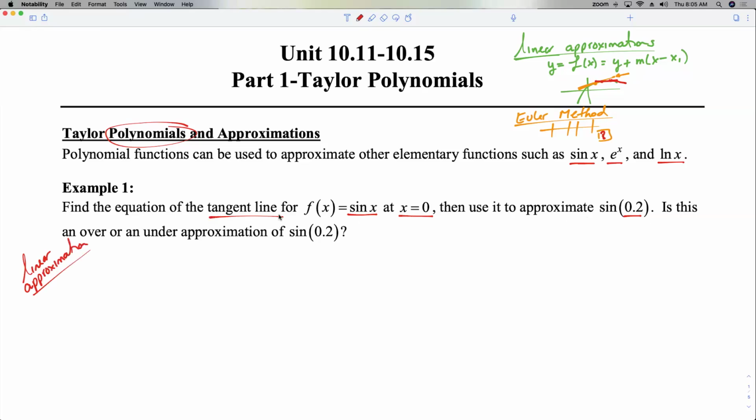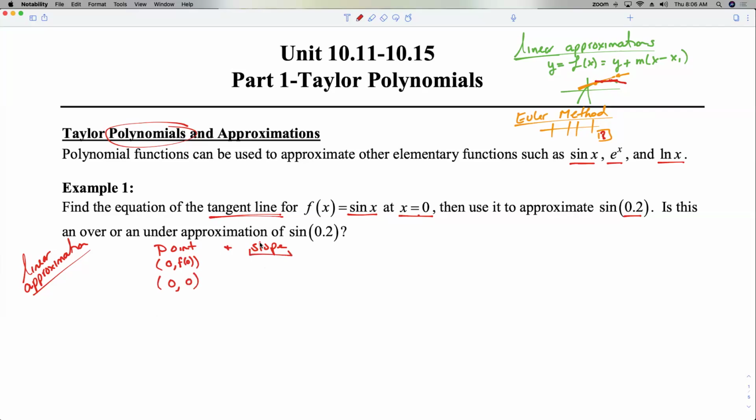To find the equation of the tangent line, we obviously need a point and a slope. For the point, we already have the x, which is 0. To figure out the y, we just plug 0 into the function. So our point is 0 and then f of 0, which is sine of 0, and sine of 0 is just 0.